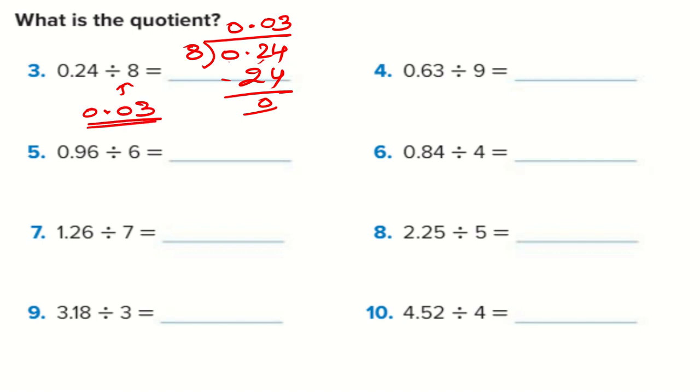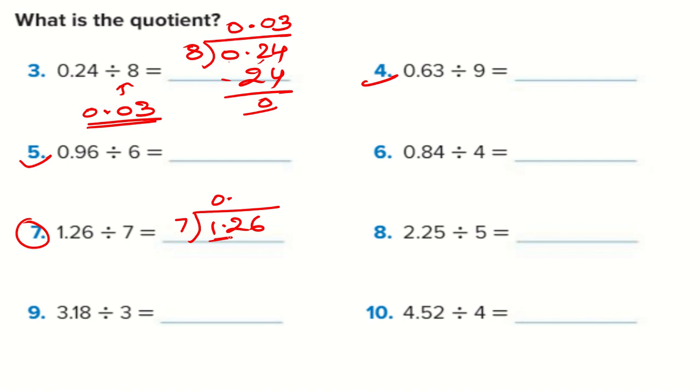0.03. Okay. Now same here, you see I am doing number 7 because number 4 and number 5 are similar questions to number 3. Okay. Now 7 is the divisor and 1.26 is the dividend. So here we have the whole number 1. But 1 is smaller than 7. So what will you do? You will put 0 here and then the decimal point.